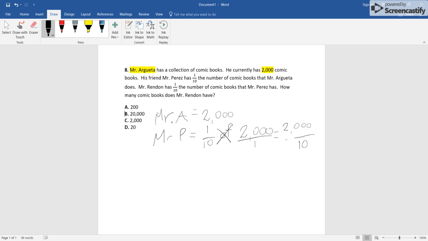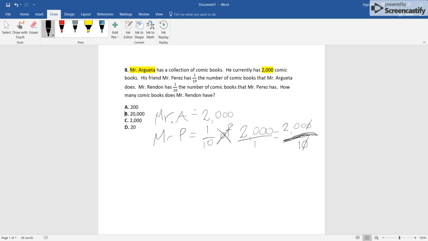is 10. Okay, now this is still a division symbol. So we are going to divide. So I'm going to start with the denominator first. This is very easy. I'm going to take 1 zero away on the bottom. So I'm going to take away 1 zero on the top.